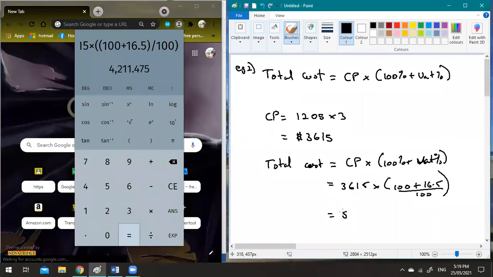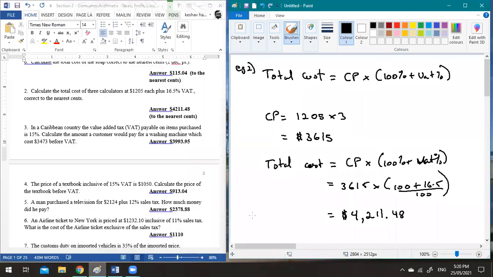So the total price you'll pay after tax is $4,211.47, and we see the second decimal place is 7. The number after it is 5, so we had to add 1 to the 7. So 48. Remember, money is always 2 decimal places, right? Anybody have any questions? Anybody?